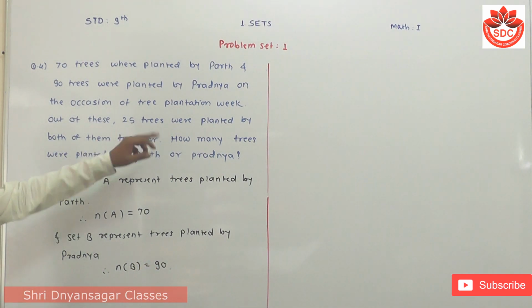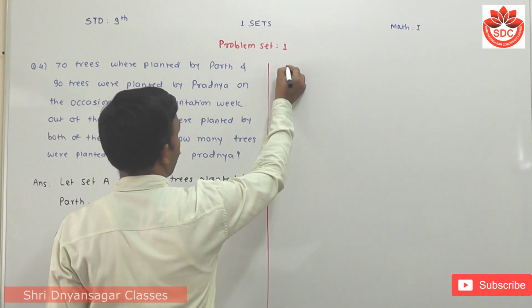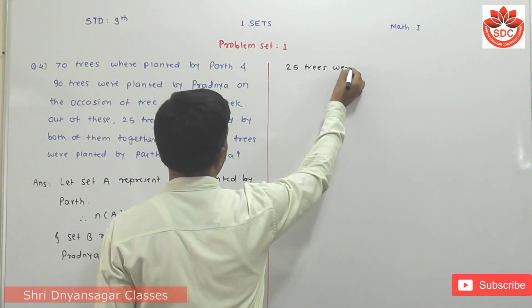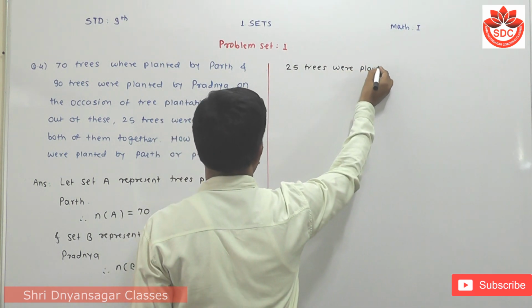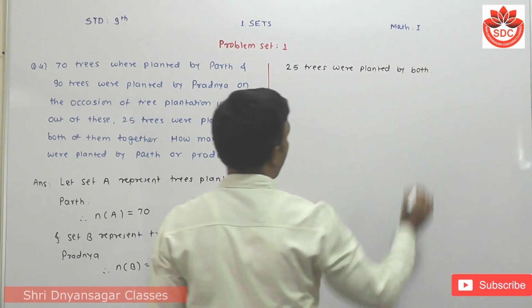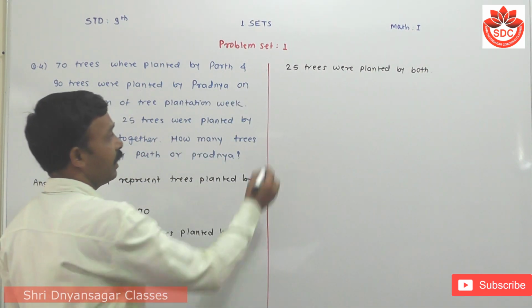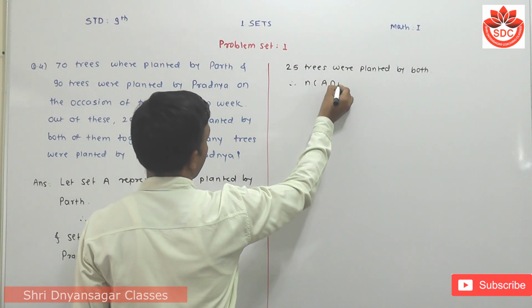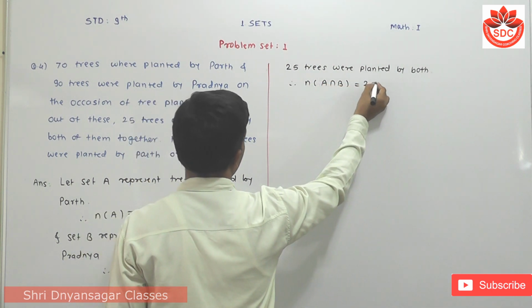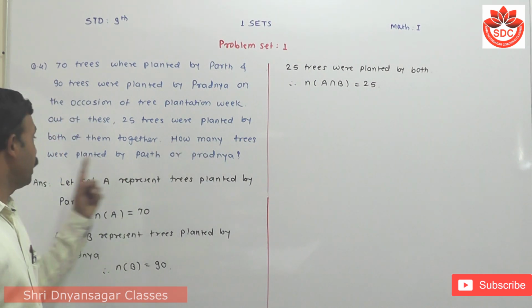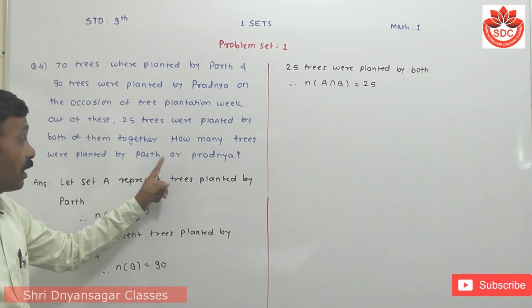Then 25 trees were planted by both, meaning by Parth and Pratnya. That means their intersection is given. n of A intersection B is equal to how much? 25. Now we have to find out how many trees were planted by Parth or Pratnya.